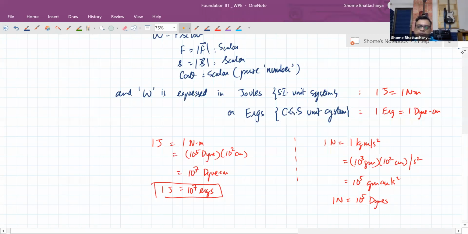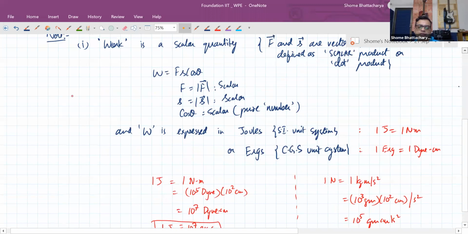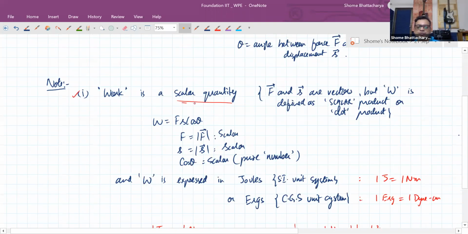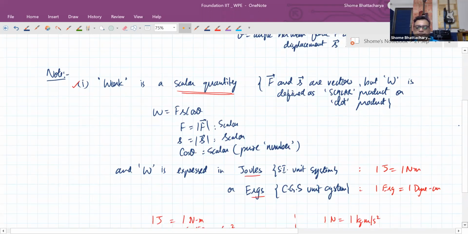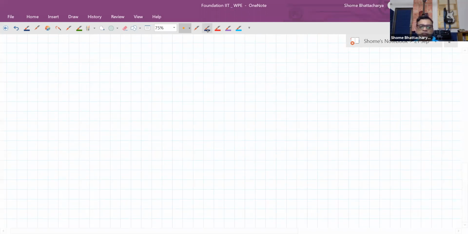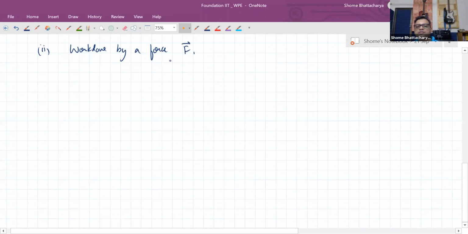So anyhow, that was the first point that we wrote down about work done, that it is a scalar quantity, and its unit is joules or ergs. Now, second thing we want to understand here is that work done by a force F is zero if S and F are perpendicular, that is theta is equal to 90 degrees.